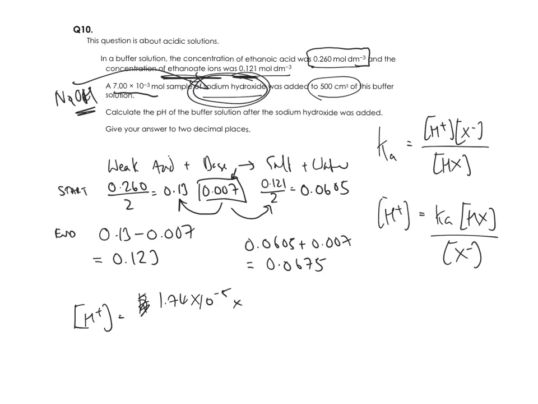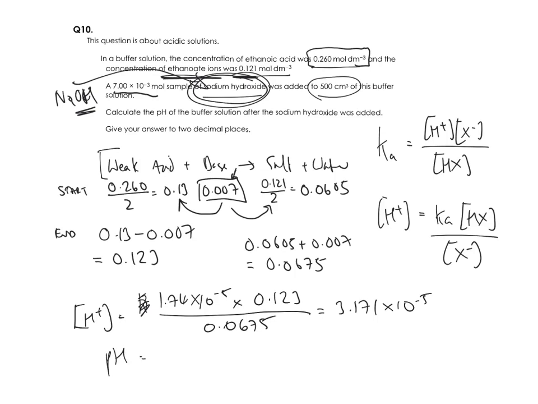Then you'd multiply that by the moles of HX you've just worked out, which is 0.123. Remember, your weak acid is your HX. And divide that by 0.0675. And that will give you 3.171 times 10 to the minus 5. Then you'd work out pH, which is the minus log of the concentration of H+. You plug this number in, and that will give you 4.50.